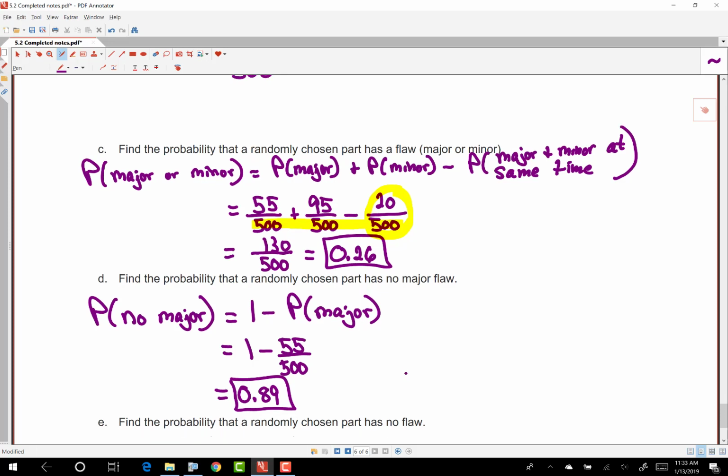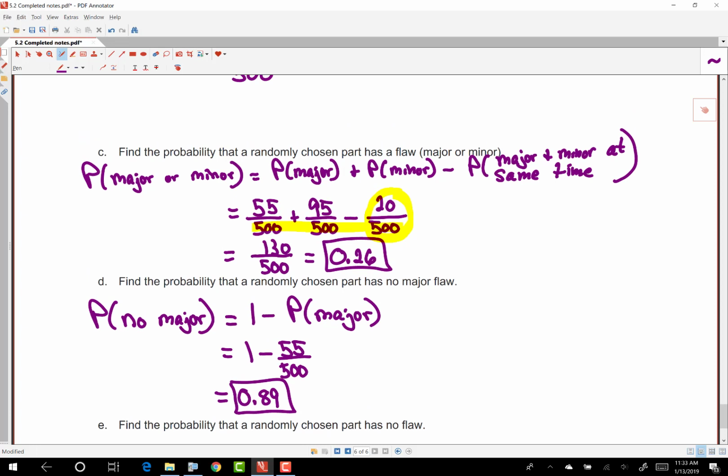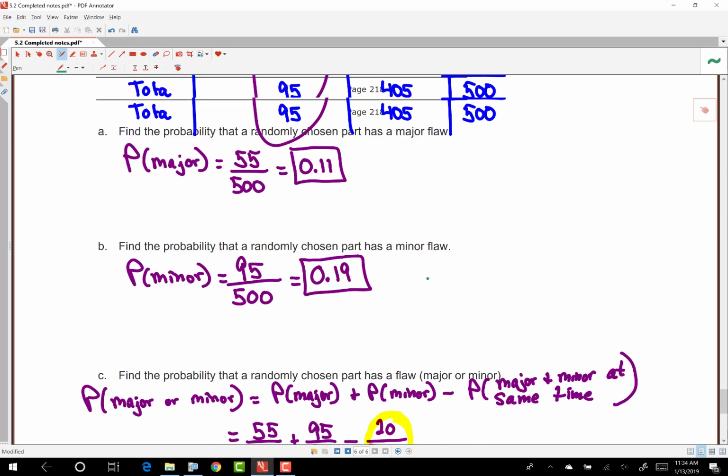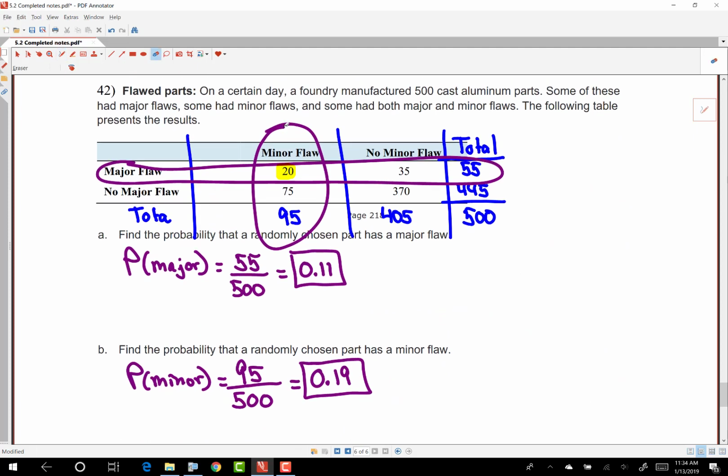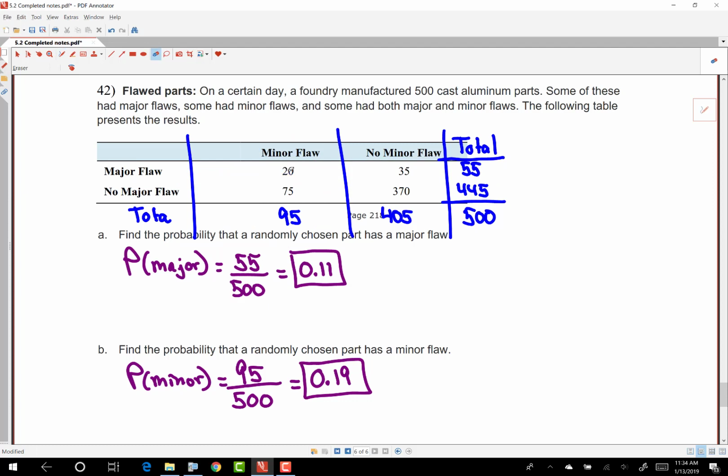All right, actually, let me show you how you could do this directly, just so you can see it both ways. An alternate way to do this for the probability of no major, you could just go back to your table and count how many do not have a major flaw. So no major flaw is 445.